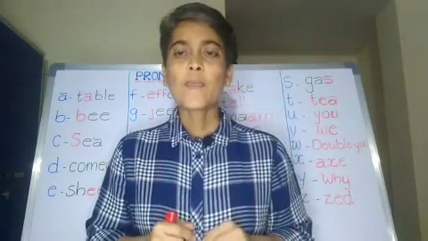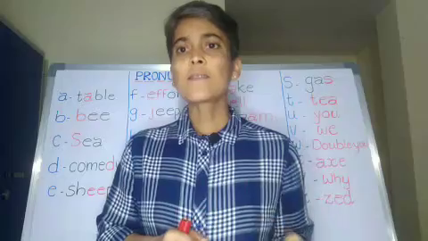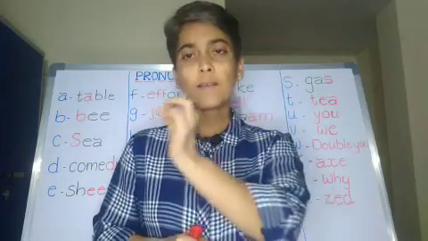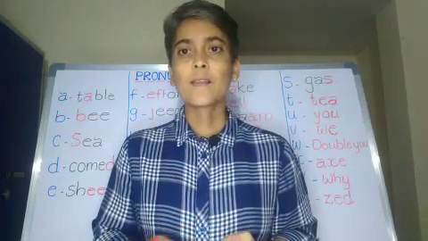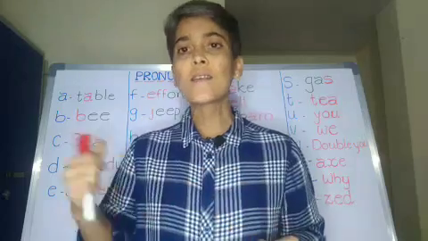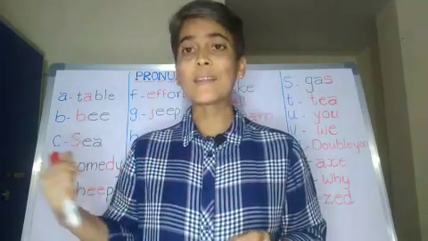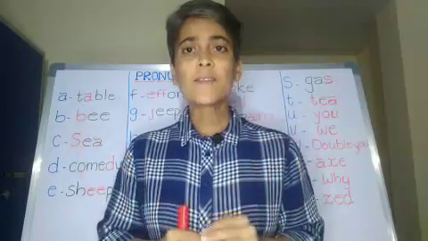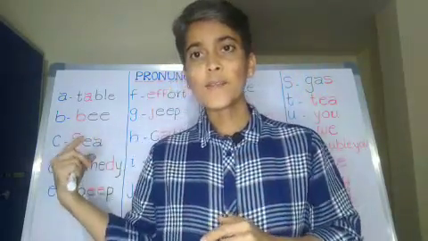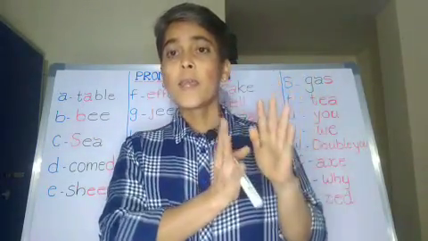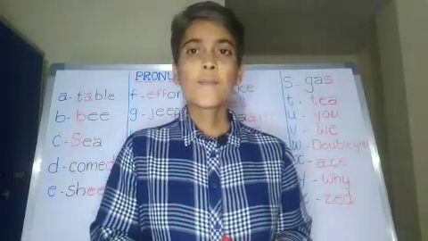Pronunciation, A to Z letters. A, B, C, D, A to Z alphabets, A, B, C, D letters. I have written A to Z alphabets and I have written A to Z words.